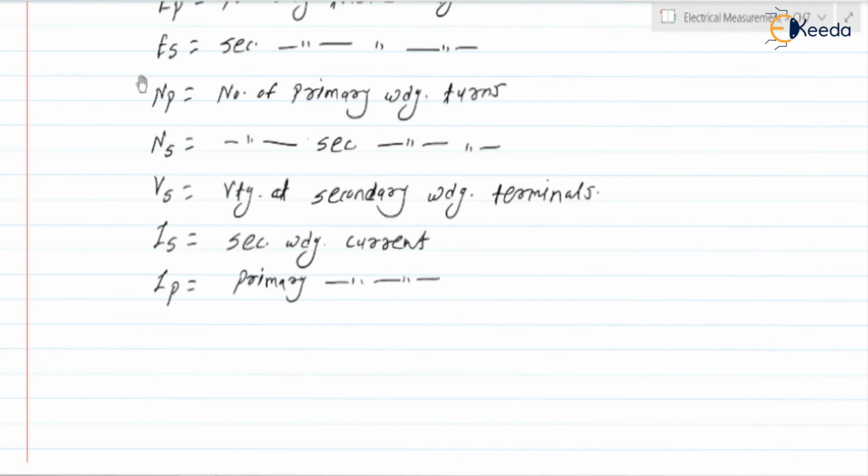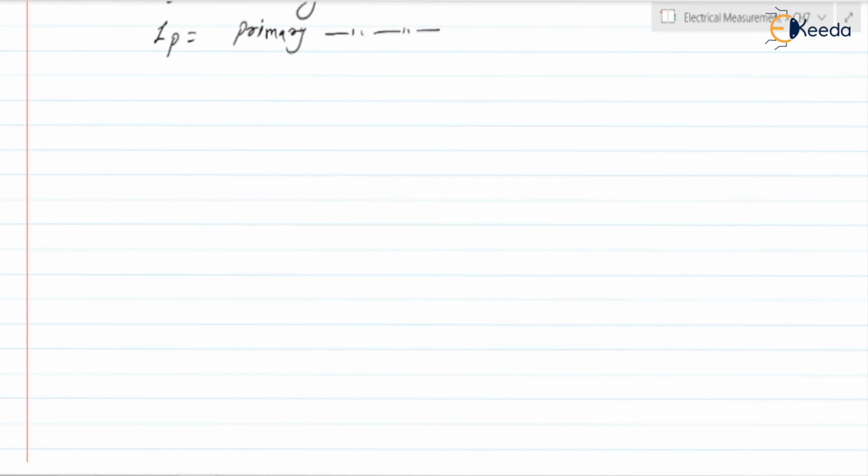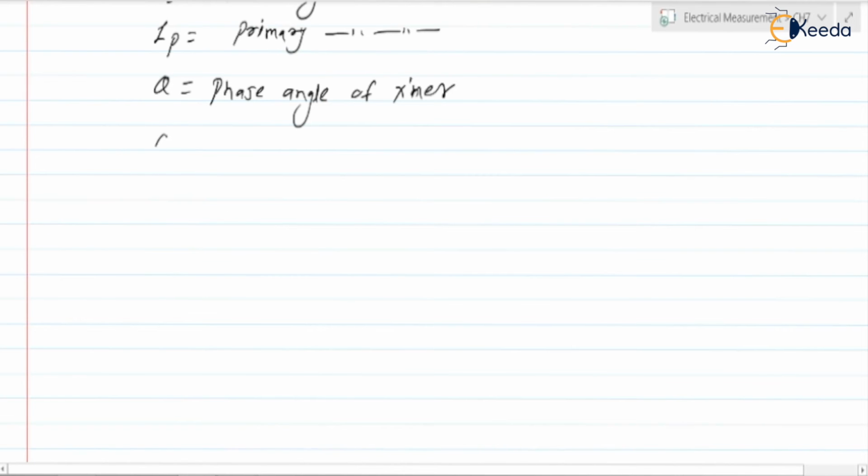Next, we are having theta, the phase angle of transformer. What theta is, you will understand after drawing the phasor diagram. Next, phi is the working flux of transformer.